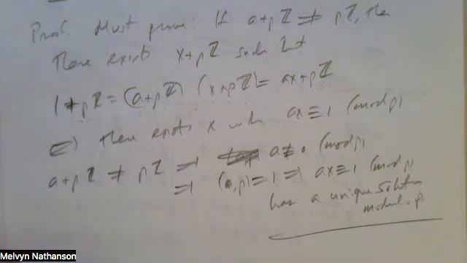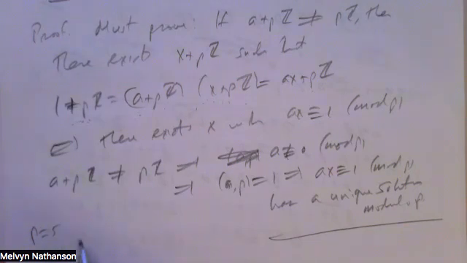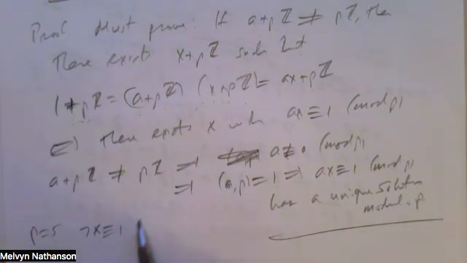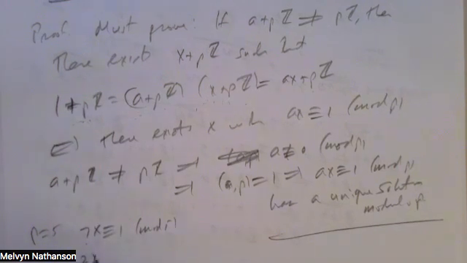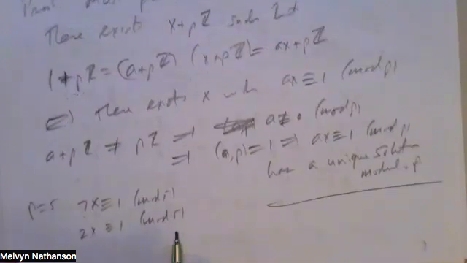So, for example, suppose I take P equal to 5. I want to solve 7x congruent to 1 mod 5. Of course, 7 is the same as 2, so that's the same as 2x congruent to 1 mod 5. And you can see that one solution is x = 3, since 2 times 3 is 6, which is congruent to 1 mod 5.